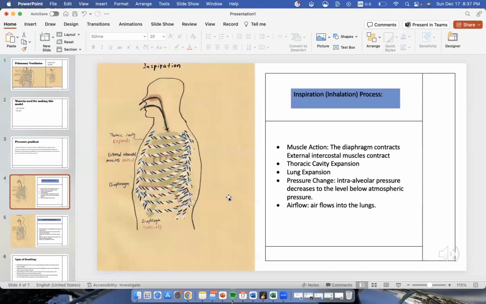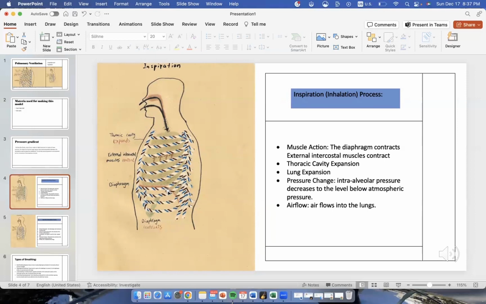In the inspiration process, we can look at it in several steps. The first one is the muscle movement. The muscle action in the inspiration is contraction. The diaphragm contracts, and the external intercostal muscles contract as well.